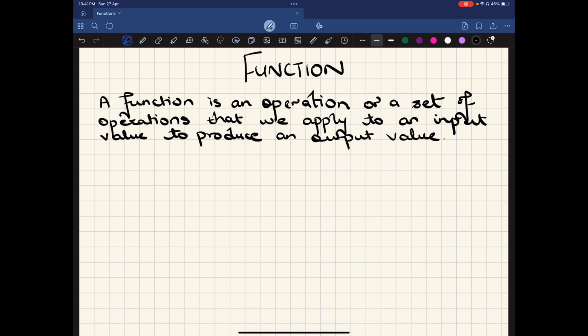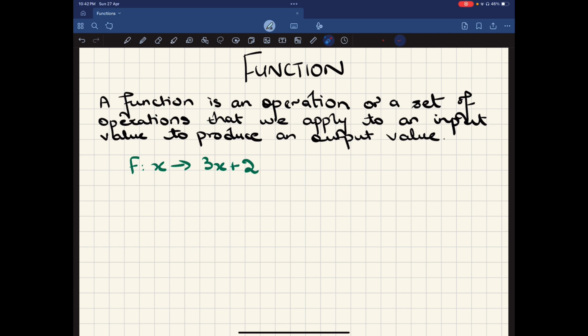Okay, so let's first begin with the notation of functions. Sometimes we write functions like this. It means that f is the function that maps x onto 3x plus 2.